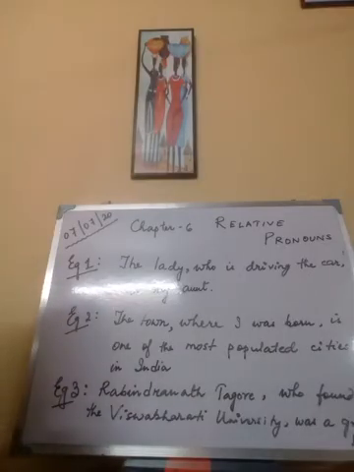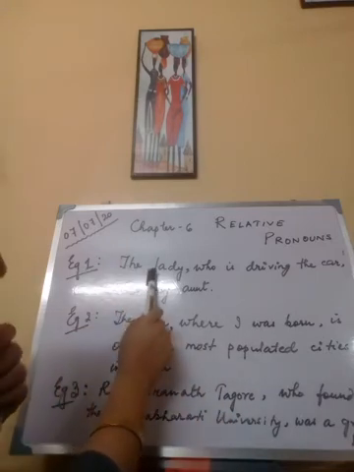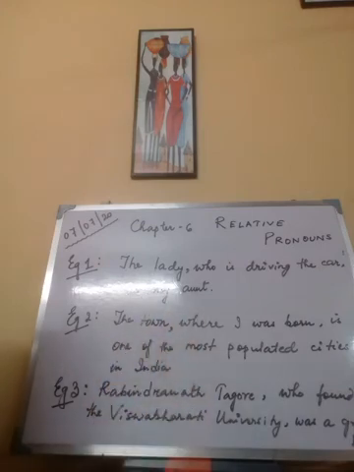Now look at these examples, children. Example 1 says, the lady who is driving the car is my aunt. This is a sentence; it has a group of words which has a complete sense. But this sentence is made of two clauses.